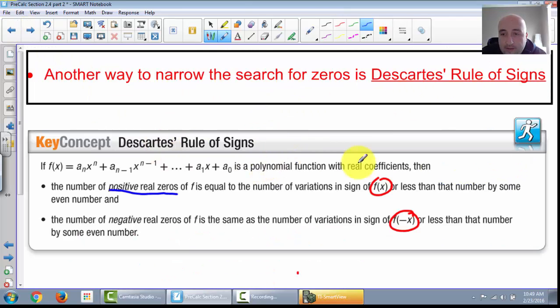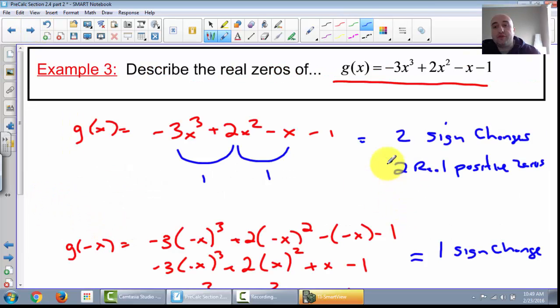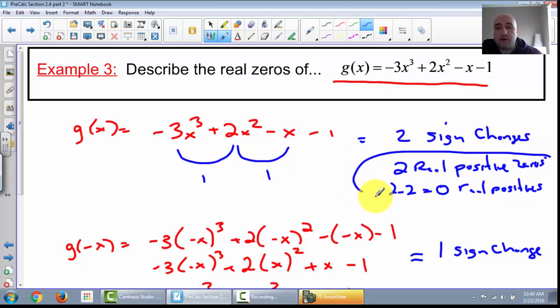Let's see what else it says. Or less than that number by some even number. So what's our smallest even number? 2. So if we do 2 minus 2, we get 0 real positives. So those are our 2 options. We have 2 real positives or 0 real positives.